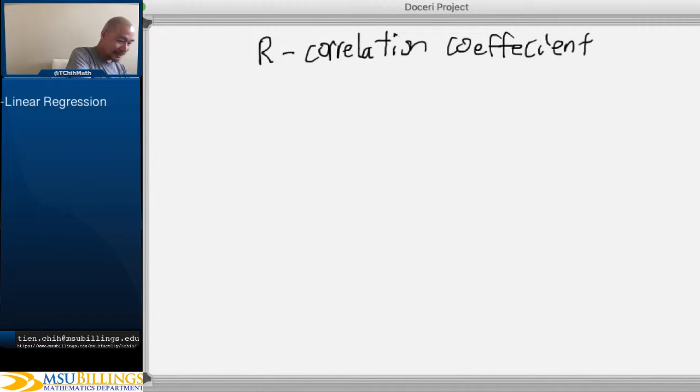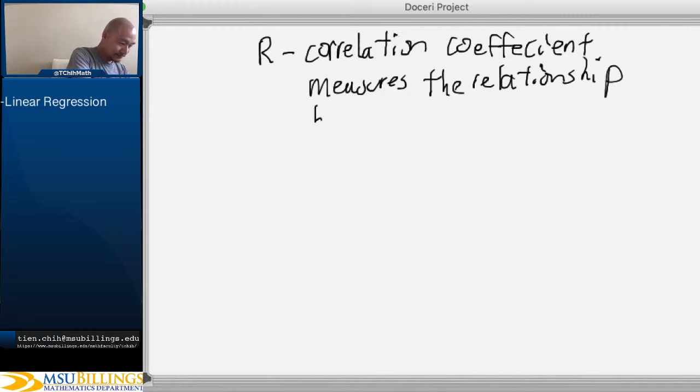And what it does is it measures the relationship between x and y.